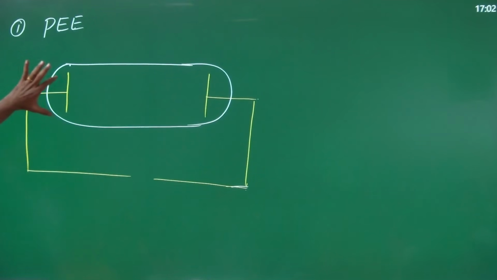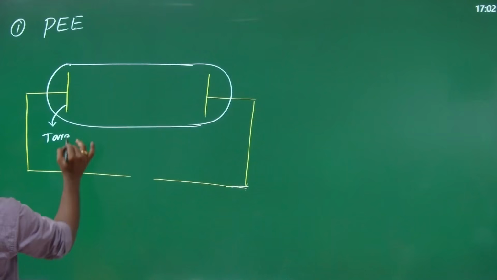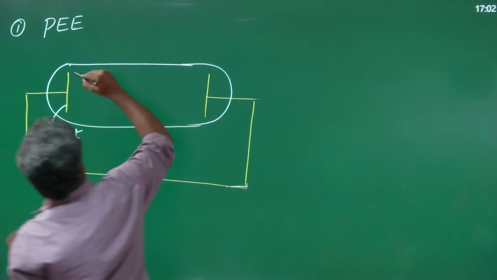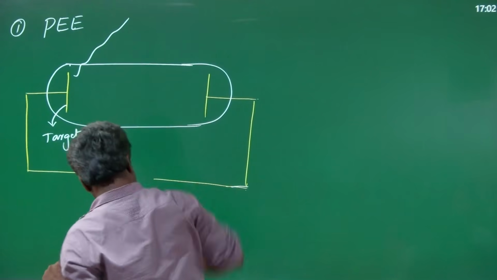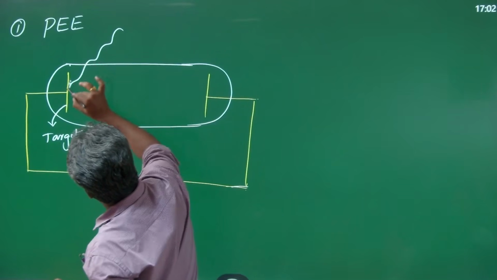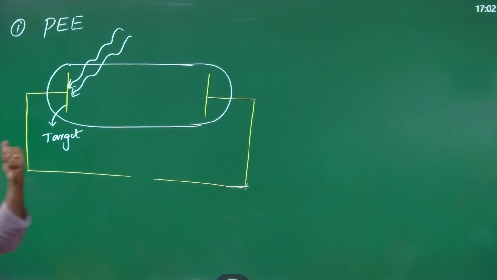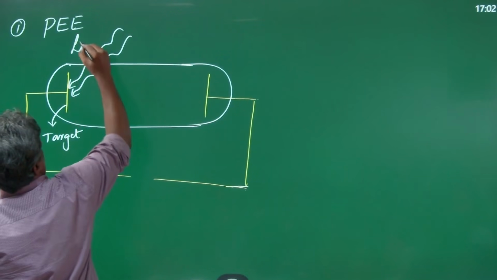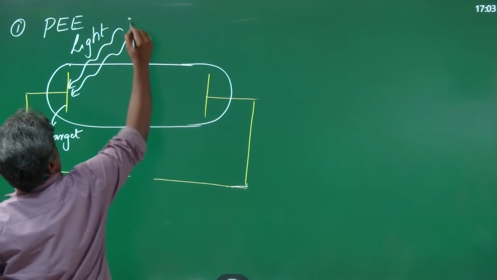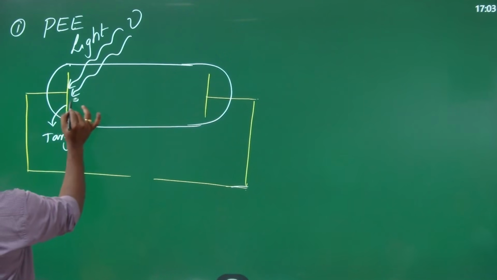Let us suppose this is our target. Our light is falling on this metal surface, like this. That is the light, the photon, of a frequency nu. Then what is happening here? Electrons are ejected.